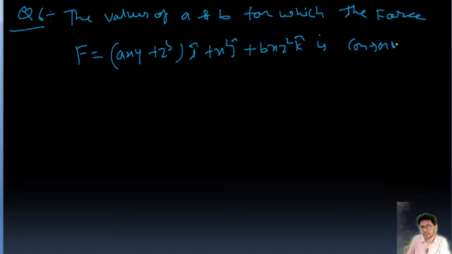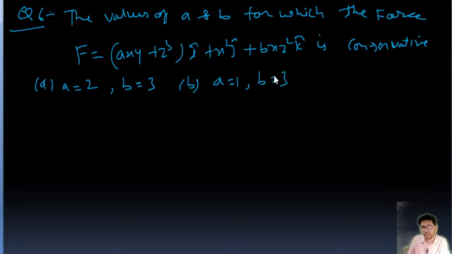Options are: option A, a equal to 2, b equal to 3. Option B is a equal to 1, b equal to 3.